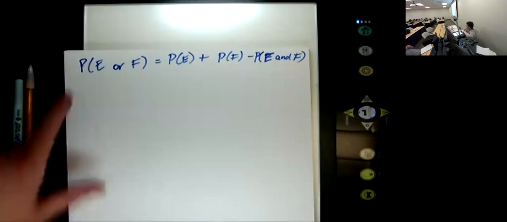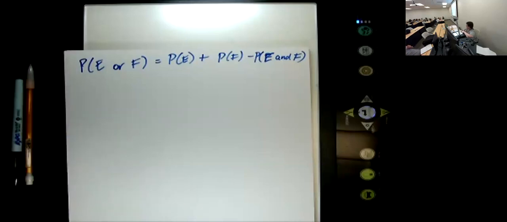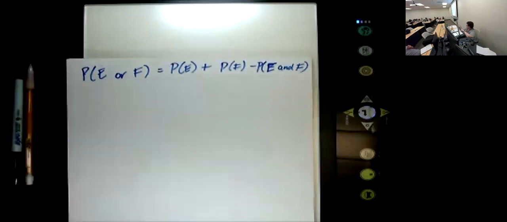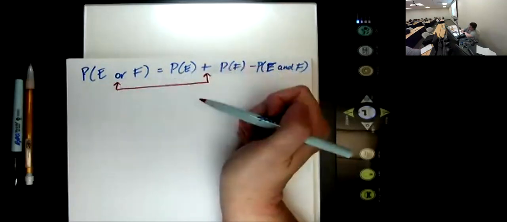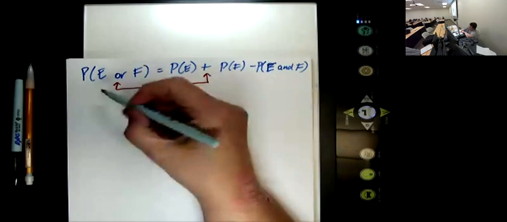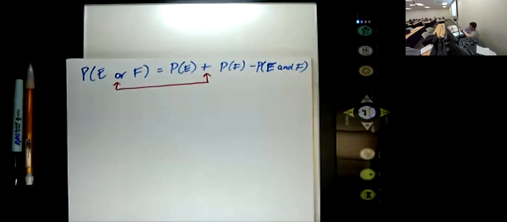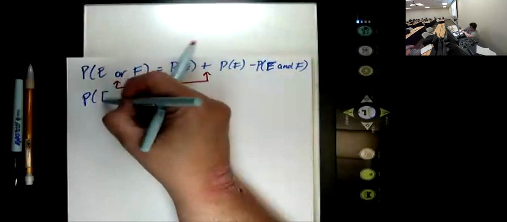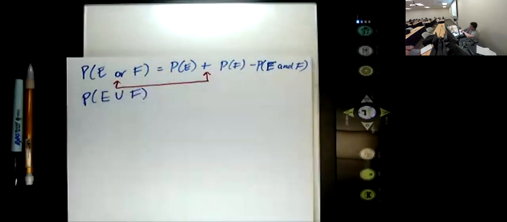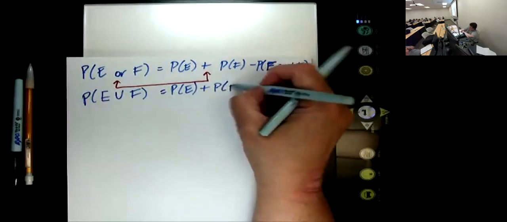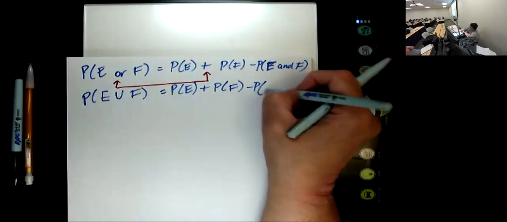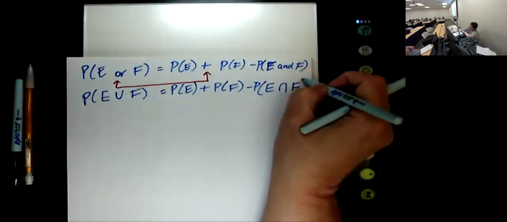That was 5.1 or 5.2. I'm just summarizing the equations we've gotten so far. So that was our general addition rule. It's handy to note that the or turns into the plus. Another way of writing this is probability of E union F. I don't tend to use that because I think or is just as good as saying the other one, and then they'll have intersection F there.